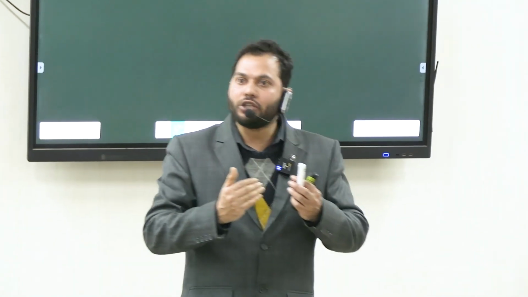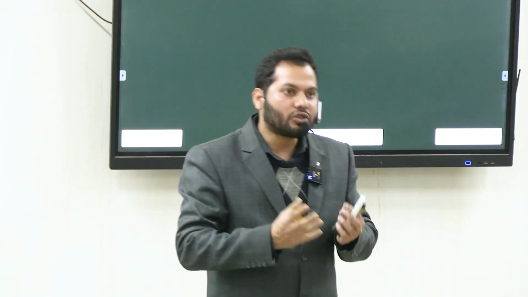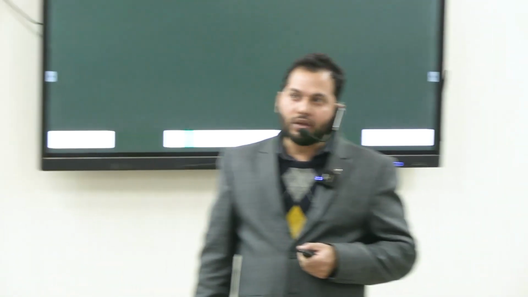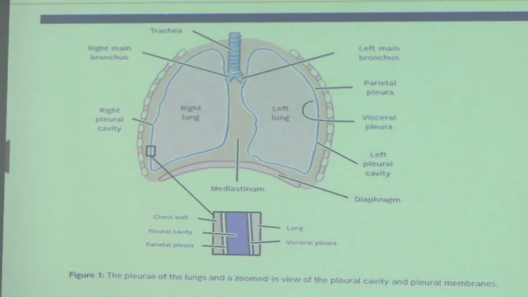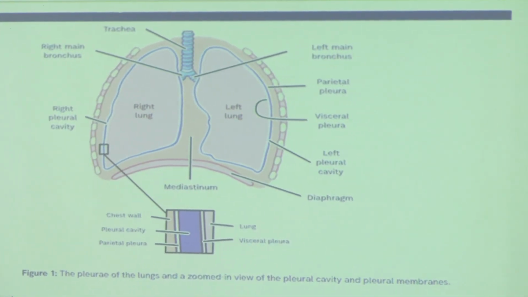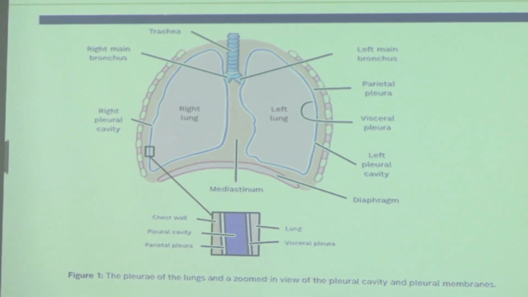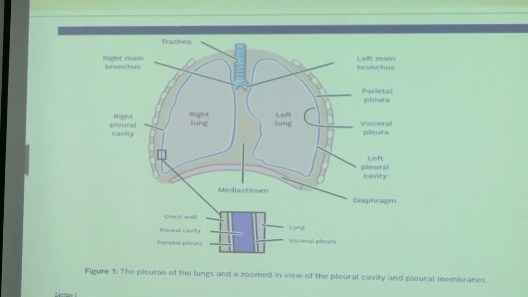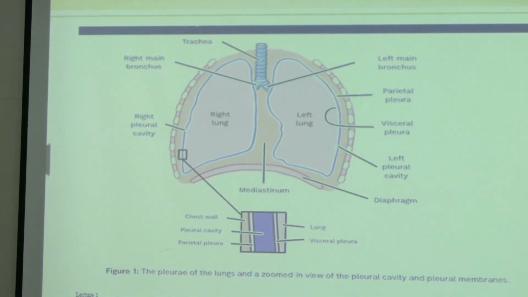After the terminal bronchioles, the bronchioles that originate are called respiratory bronchioles, which contain millions of alveoli that participate in the gaseous exchange mechanism. See, these alveoli present in the lung are covered by some layer, both the right and left lung. So what is the most important layer? What are the important functional features of those layers?